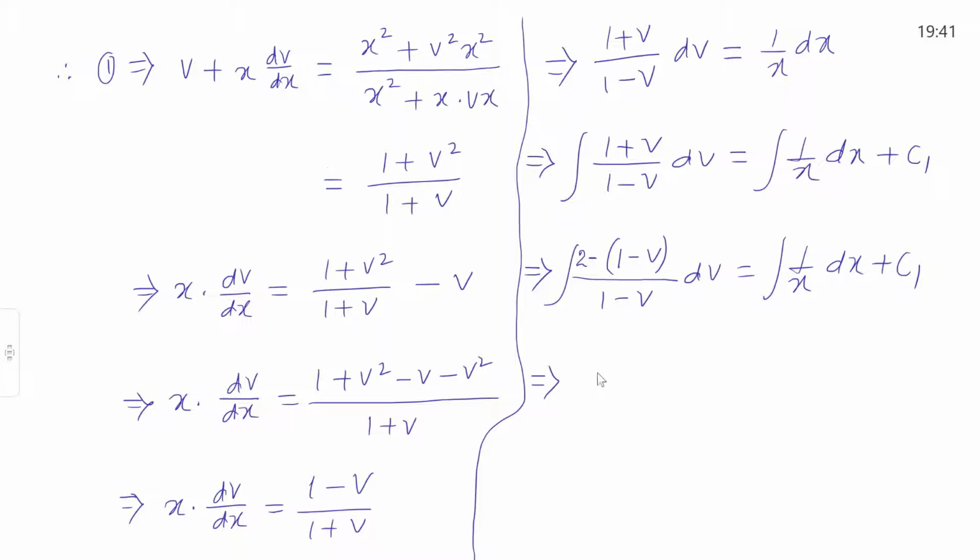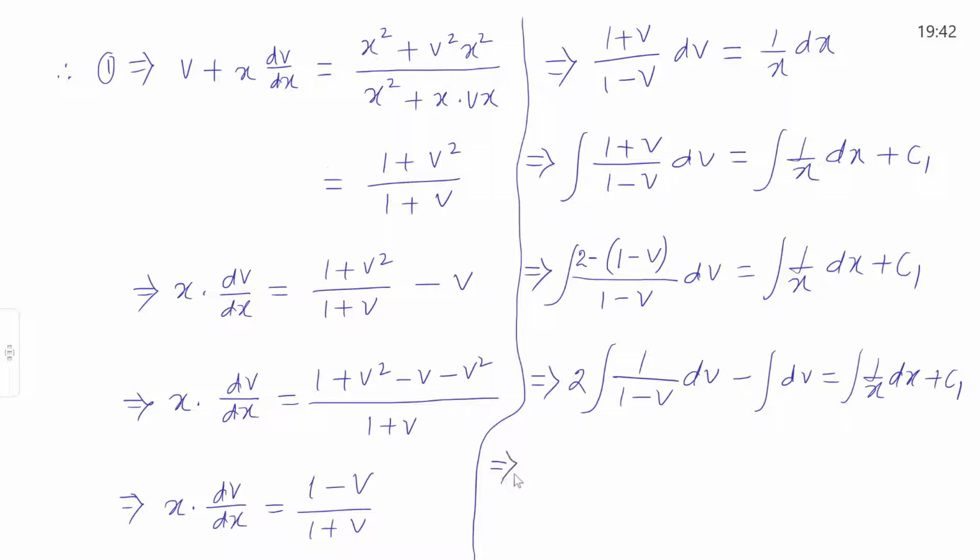Now separate the integral. First, the constant term 2 can be taken outside: 2 times integration of 1 by (1 minus v) dv is the first one, and the other cancels completely, leaving minus integration of just dv, equal to integration of 1 by x dx plus c1.